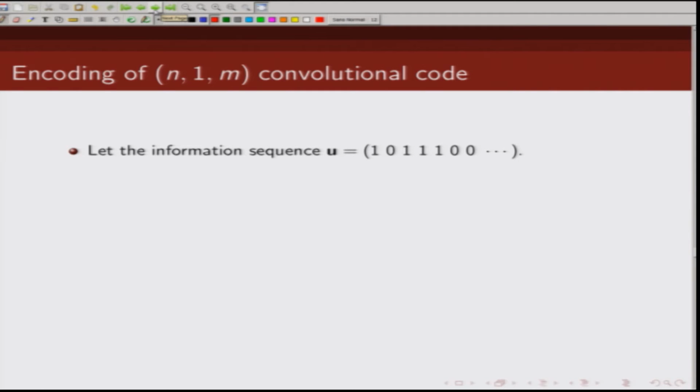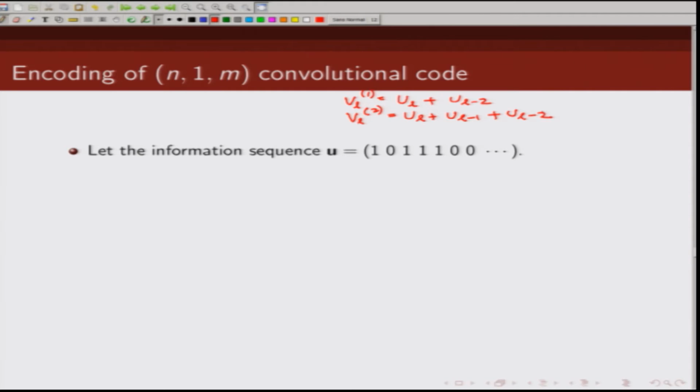So if we have an information sequence like this, what was our output sequence? We had V1L is UL plus UL minus 2 and V2L is UL plus UL minus 1 plus UL minus 2.